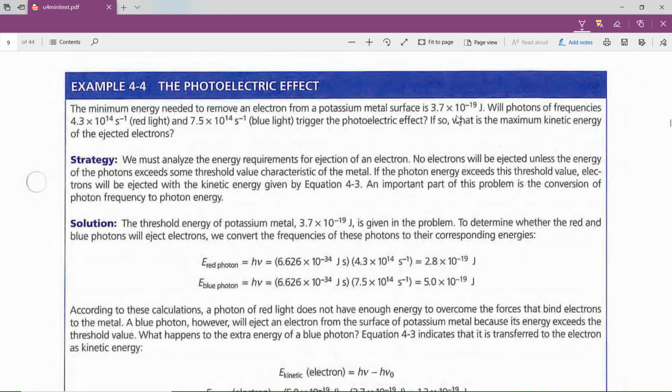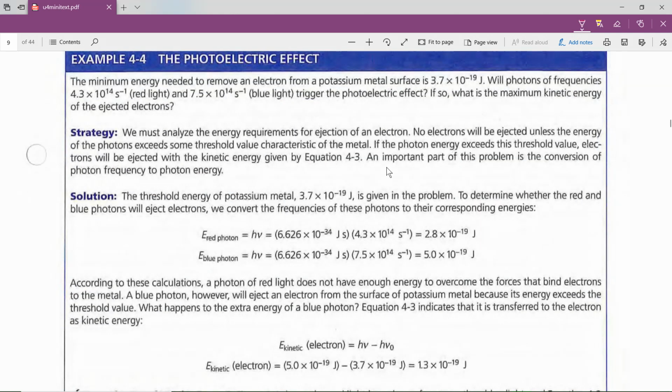So example 4.4. If I have potassium, K, to kick an electron out, the threshold energy, or minimum energy, h nu naught, is 3.7 by 10 to the minus 19 joules.